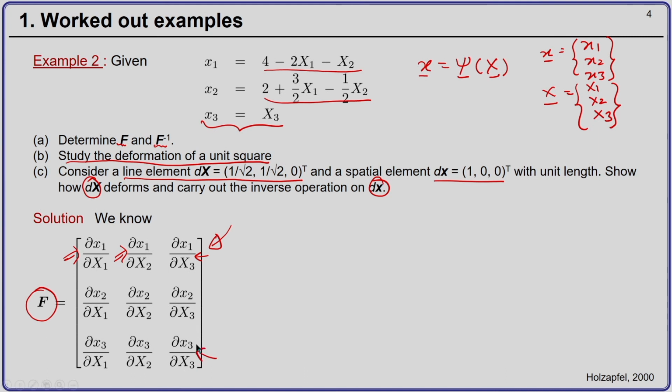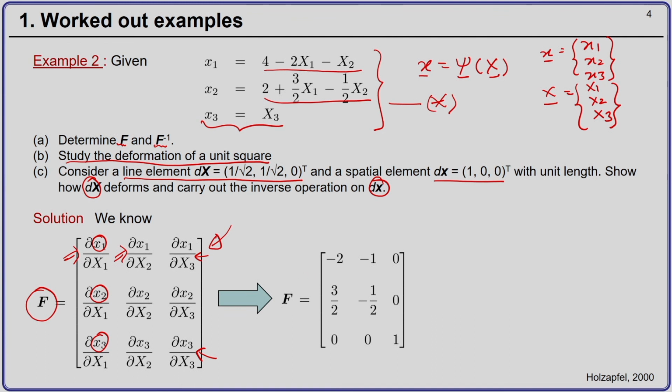And now, these spatial coordinates x1, x2, x3 have been provided to you in terms of the deformation mapping. So, we can now substitute our deformation mapping into the expression for the deformation gradient tensor. Once we do this, what do we get?